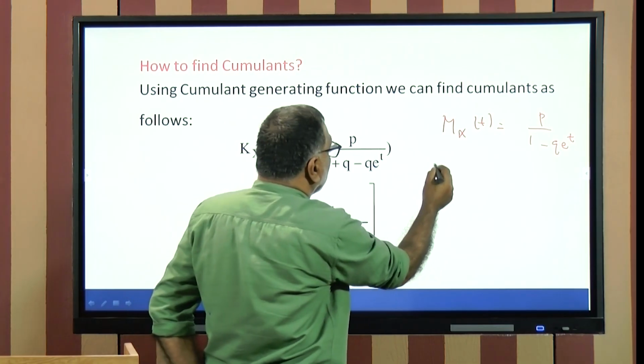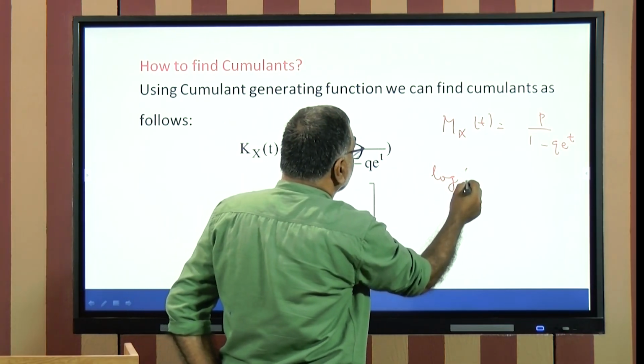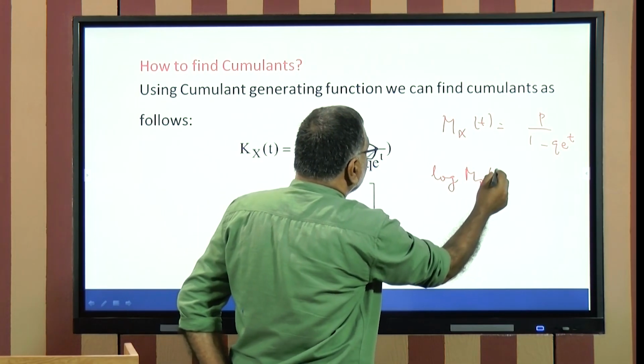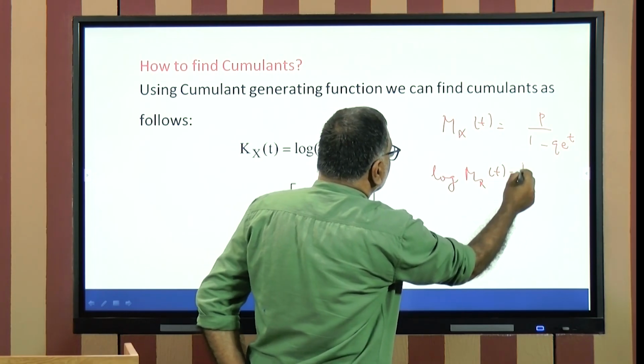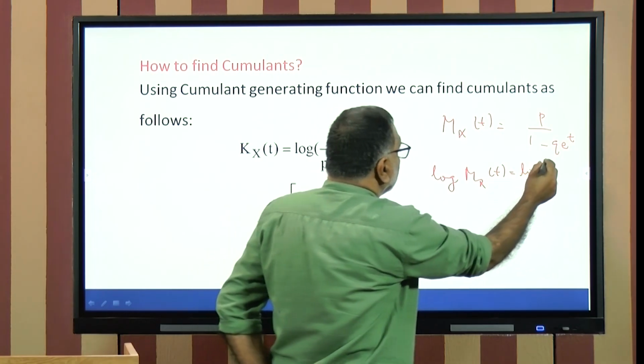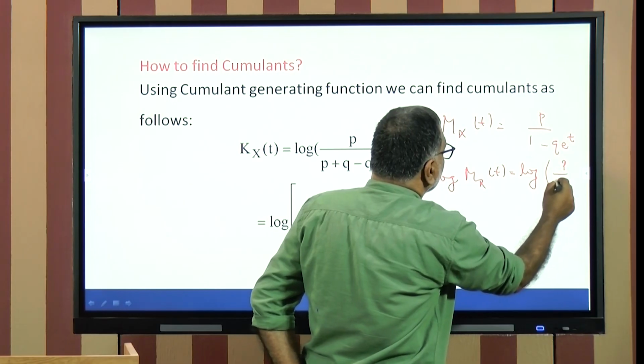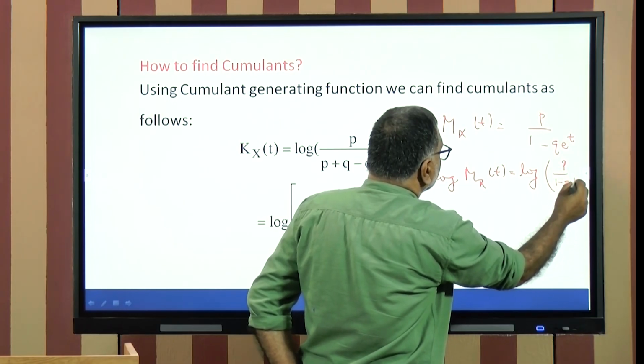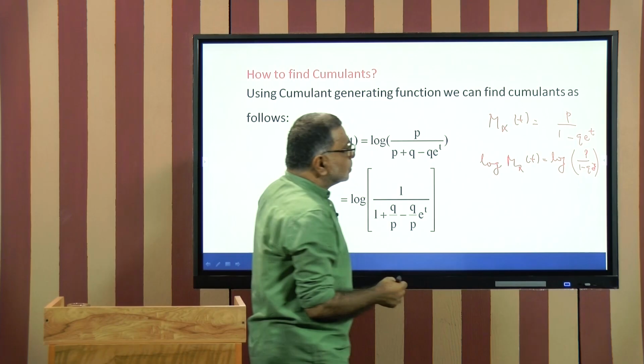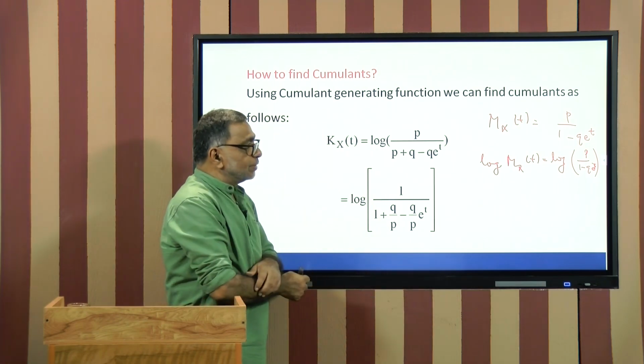So, you take the logarithm of that moment generating function, log M_X(t) is equal to logarithm of p divided by 1 minus q e^t. So, that is the cumulant generating function.